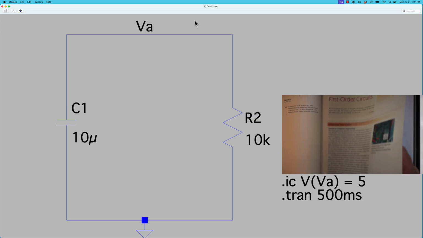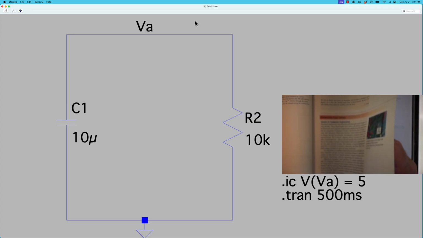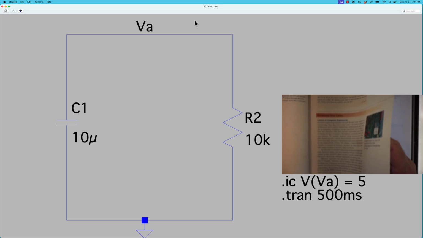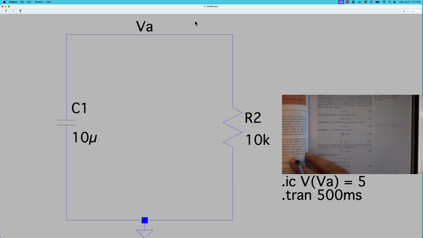If you're familiar with derivatives from calculus or pre-cal, like d over dt, it basically means that there's a rate of change happening. In this example, we have both a capacitor and a resistor in parallel.